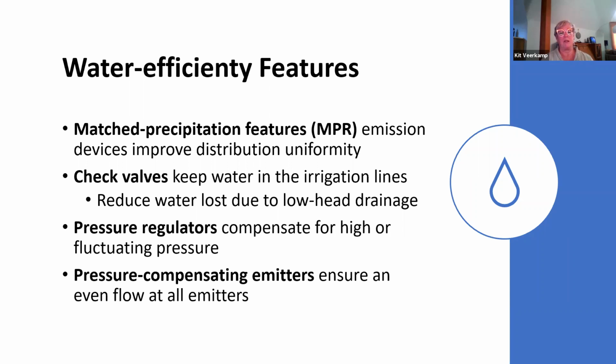So I mentioned that before, that when the system comes back on, that water's already in the pipe and charges it and utilizes it. Pressure regulators compensate for high or fluctuating pressure. So you don't want too high a pressure even in dripper line systems, because it'll make things just not operate properly. And then the pressure compensating emitters, if you were to use dripper line, ensure that you do get an even flow.